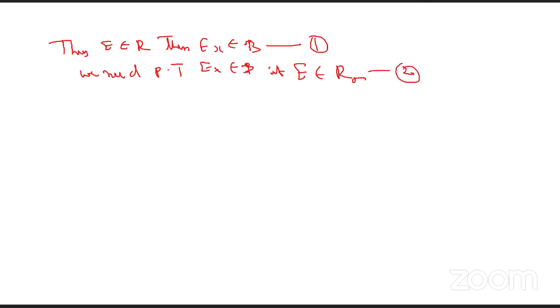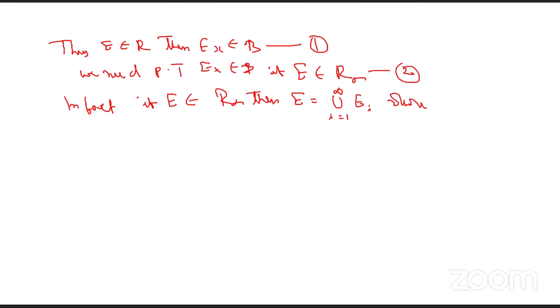If E belongs to R sigma, then E equals the union, i equal to 1 to infinity, of E_i, where E_i belongs to script R.